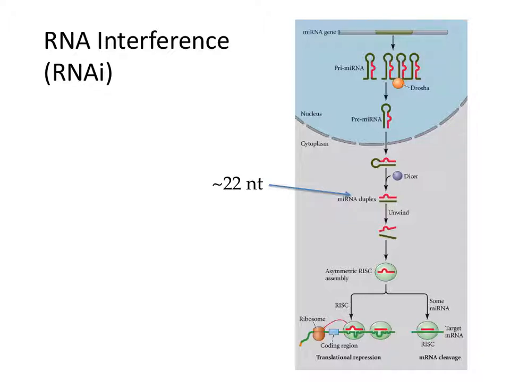I wanted to give a little bit more detail into how RNAi works. What RNAi is, is a method that cells use to destroy invading DNA, essentially. This is a cellular response that our cells evolved to defend ourselves from invading nucleic acid sources, invading chromosomes from viruses and bacteria, for example.